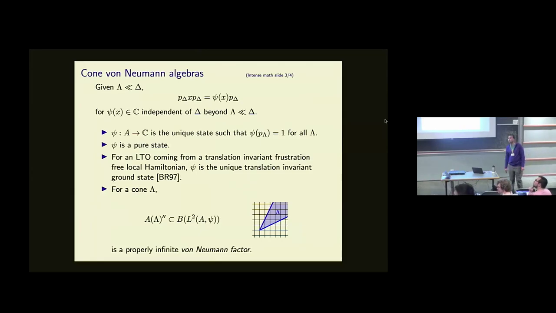Hi, why do you need a GNS construction for a discrete model unless you need it for the algebra of just one site? I mean, there are no zero norm states unless you have them for just single sites. Right, so there are lots of things to say about that. If I actually want to talk about a von Neumann algebra, then I need a state and do the GNS construction.